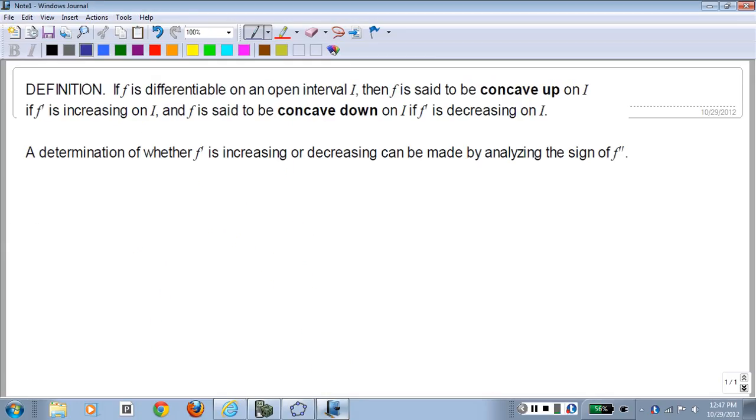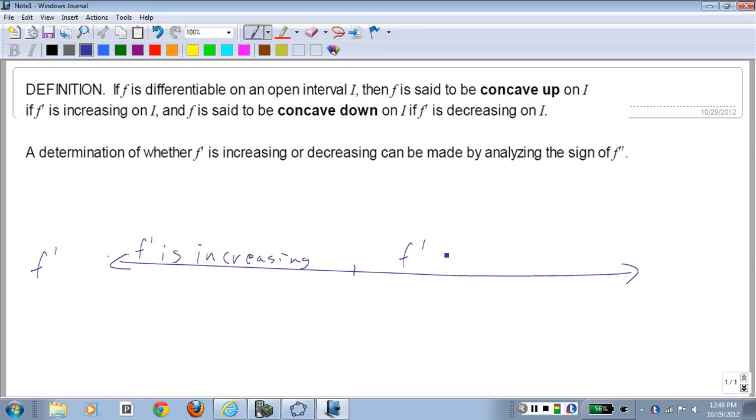So here goes. Here is f prime. Along this interval, f prime was increasing, and along this interval, f prime is decreasing.